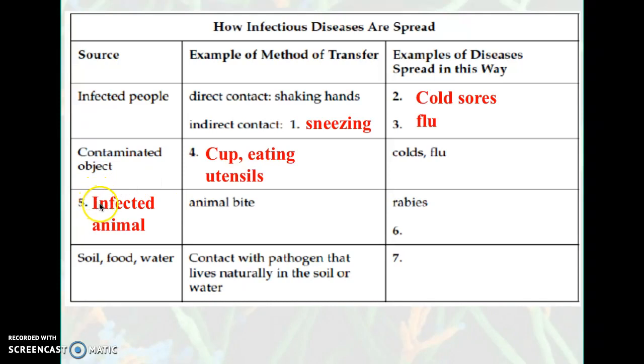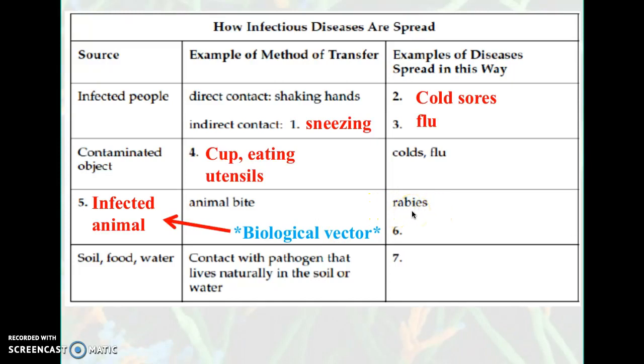All right, infected animals can spread disease, so typically through animal bites. Another name for these infected animals are called biological vectors. And so bio means life, so this is something that's living, that's carrying a disease.